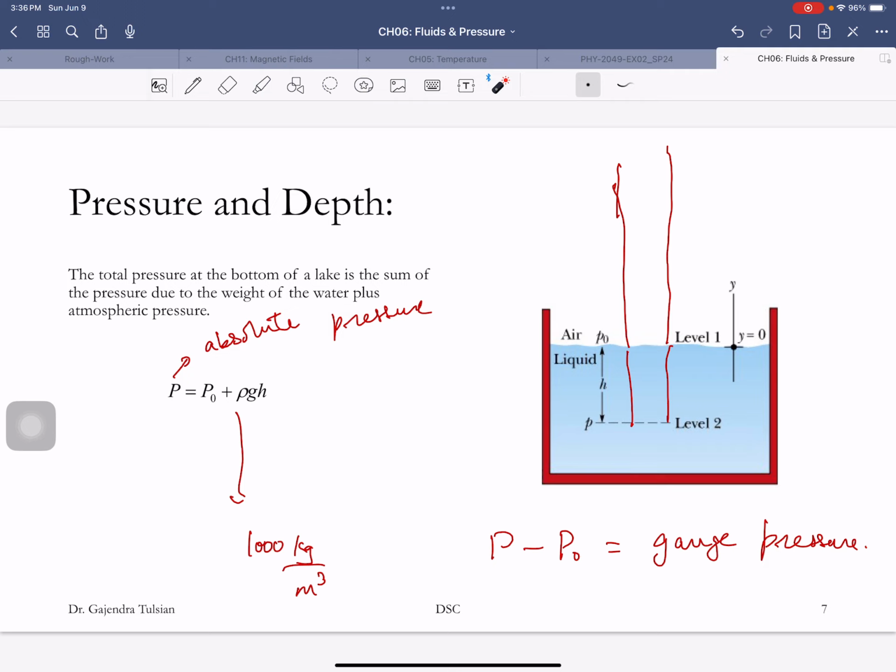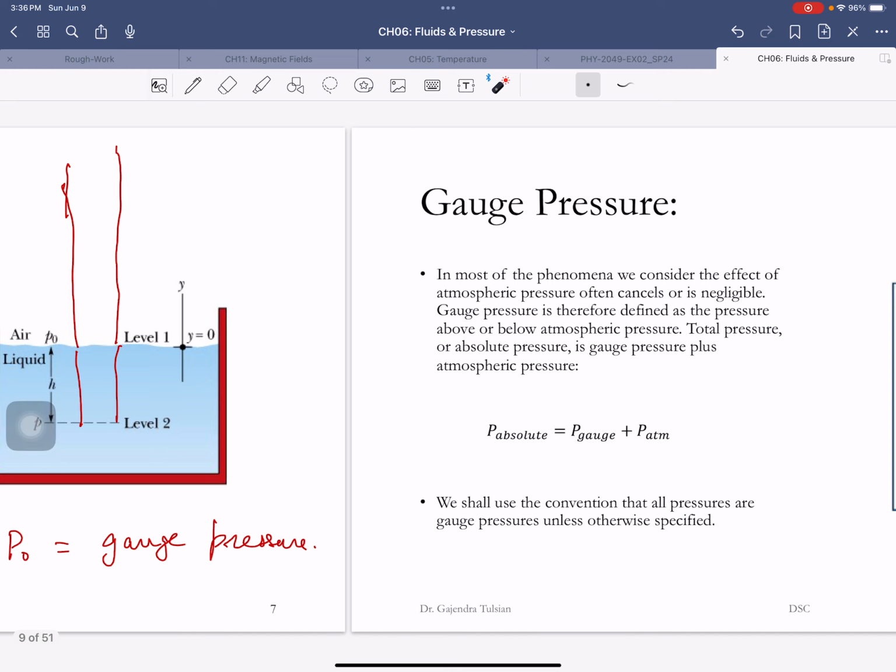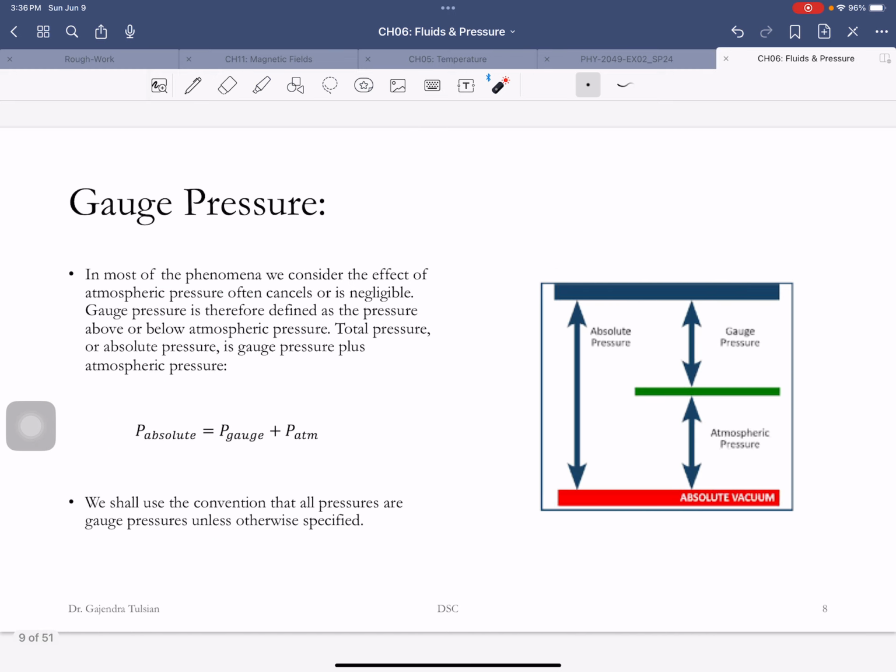Absolute pressure is the total pressure, and gauge pressure is absolute pressure minus atmospheric pressure.